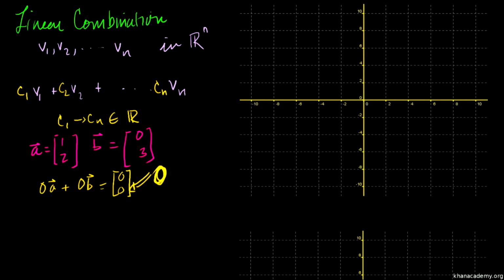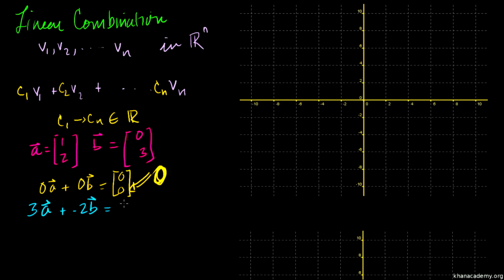We could also do 3 times A, picking these numbers at random, plus, let me do a negative number just for fun, minus 2 times B. What is that equal to?